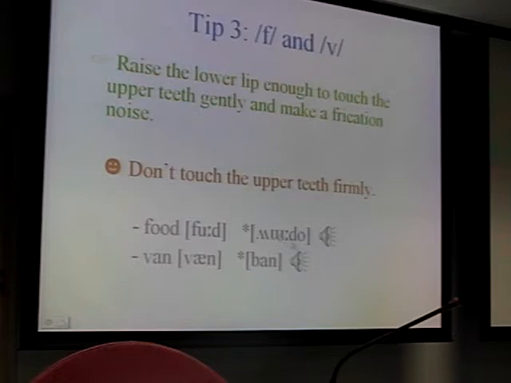So it's fudo. And this van is pronounced as ban. Ban. Yeah. Okay. So food is pronounced as hudo, and van is pronounced as ban.